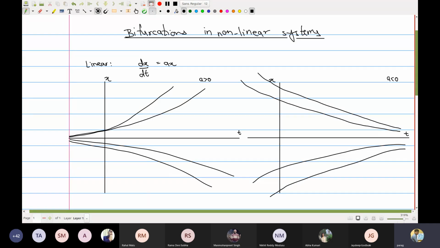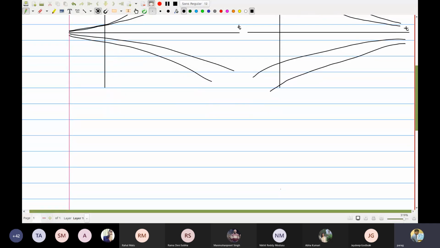Which means that I can write that the system has a bifurcation at a equal to 0.